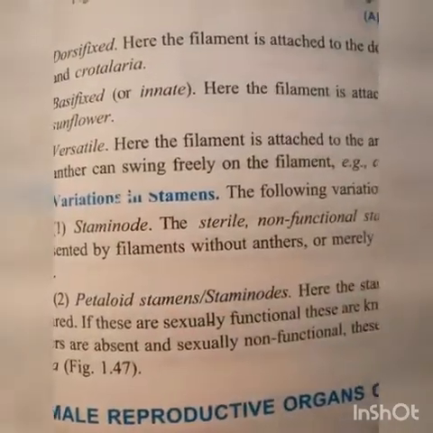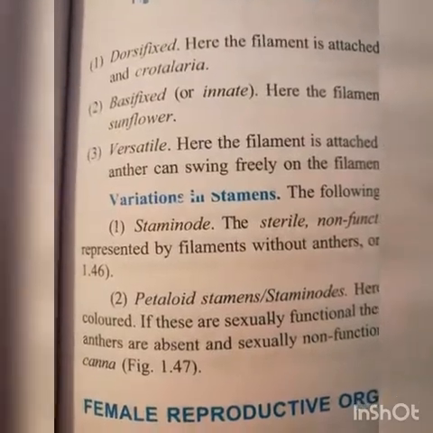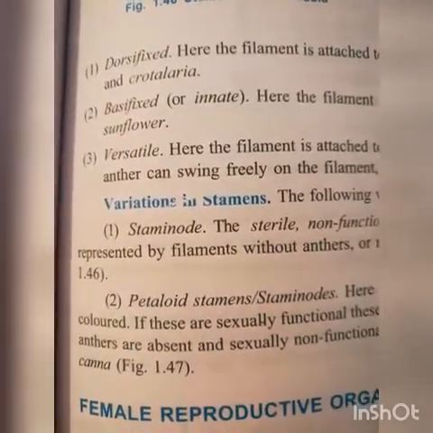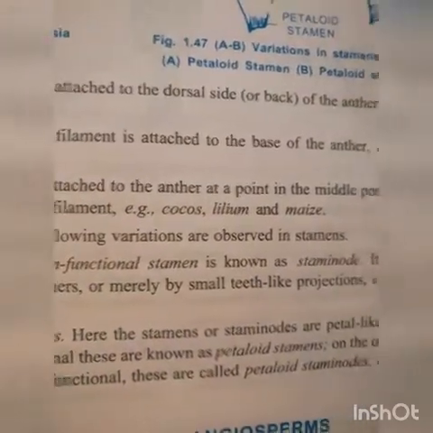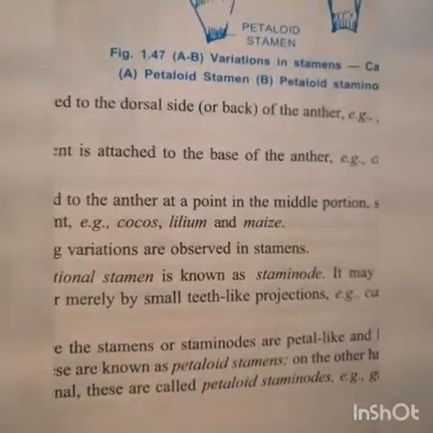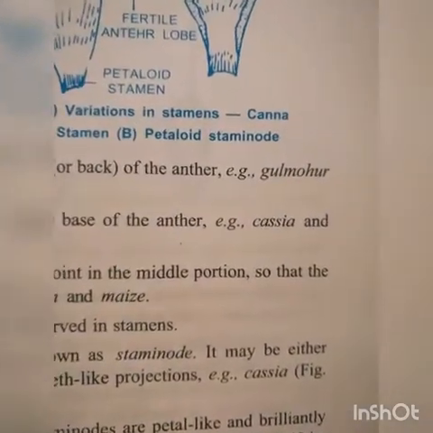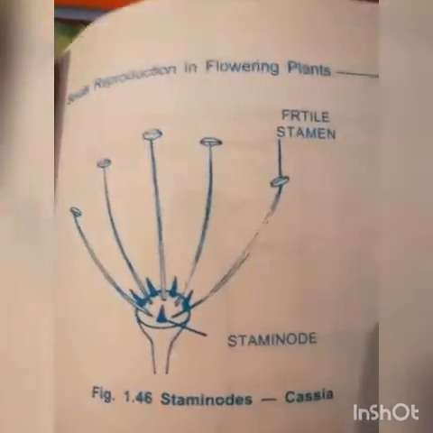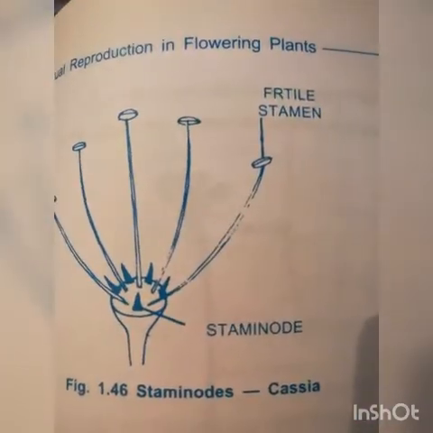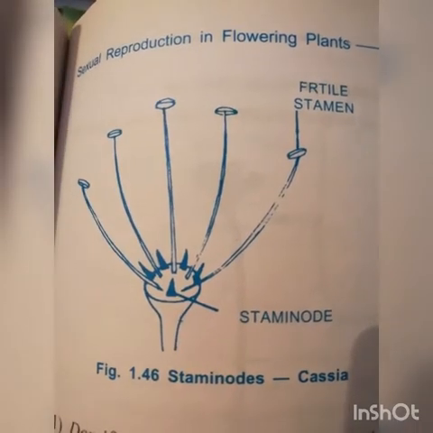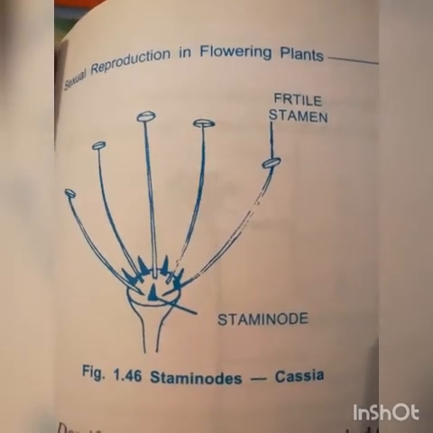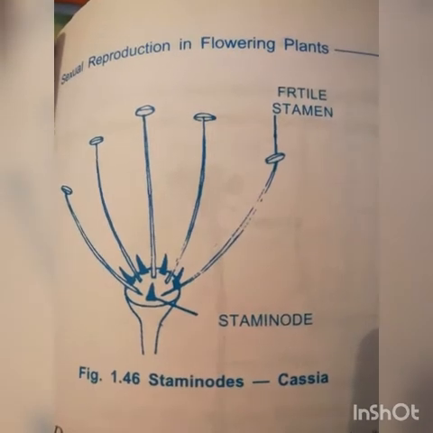It may be either represented by filaments without anther or merely by small teeth-like projections. Example, Cassia. See the figure, staminode. Staminode means infertile stamens and fertile stamens.